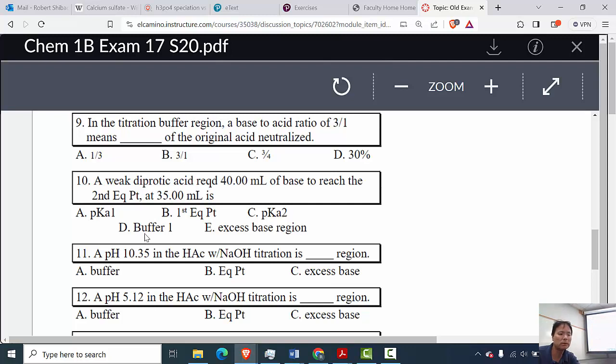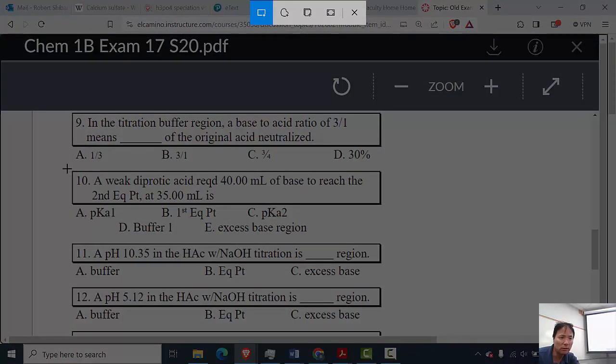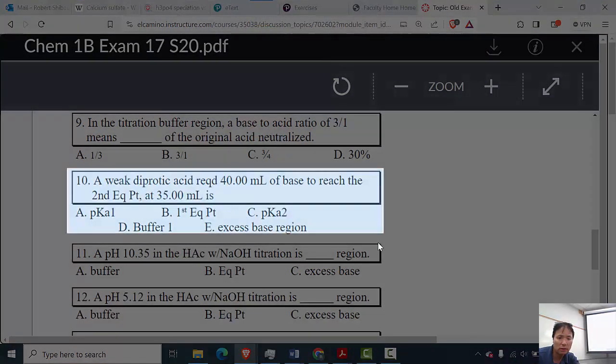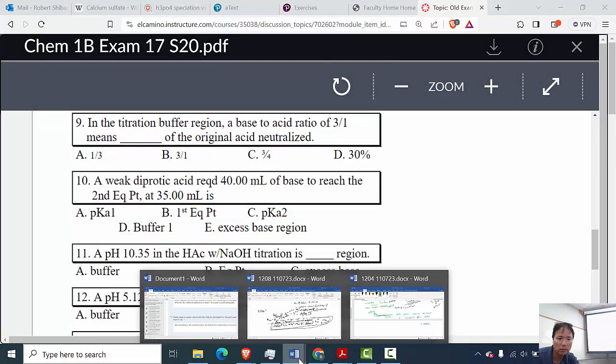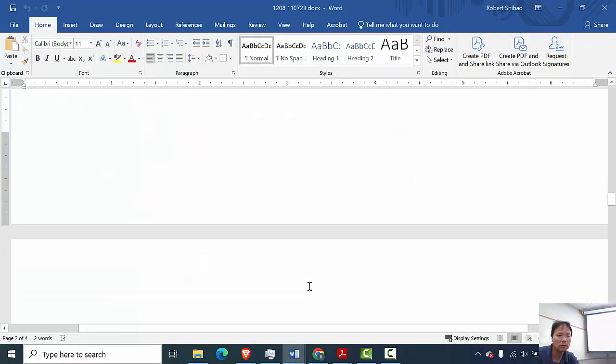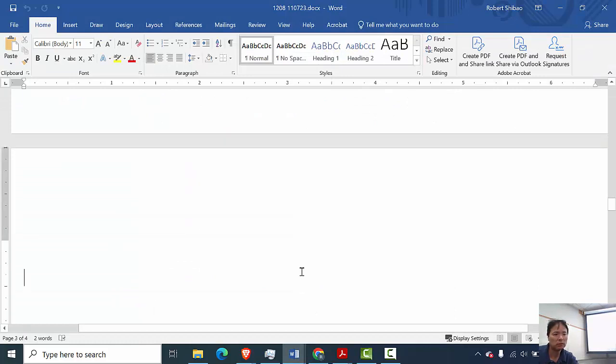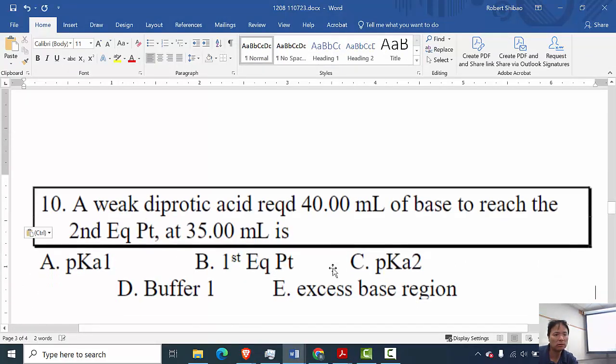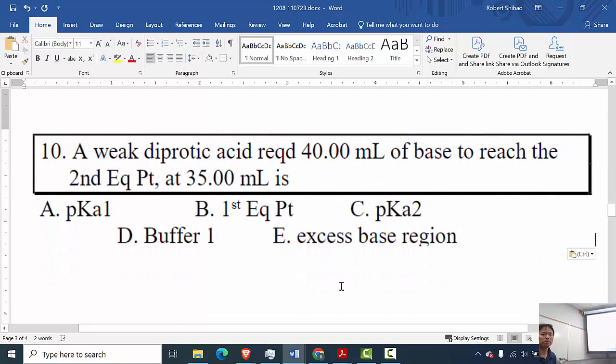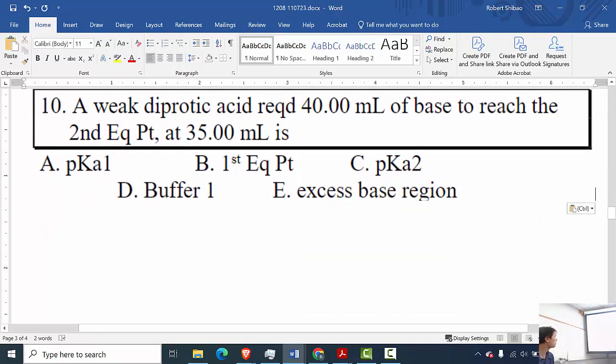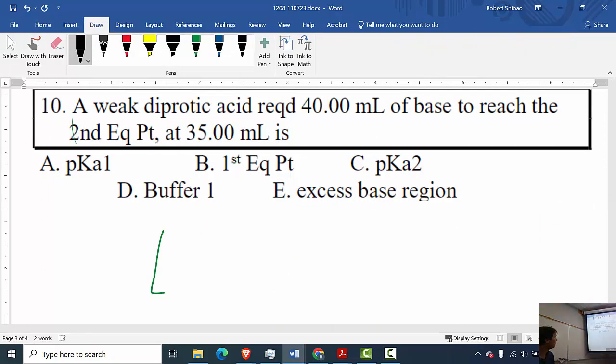Yeah. Let's take a look. If it took 40 to reach the second equivalence point, then the first equivalence point should be at 20.